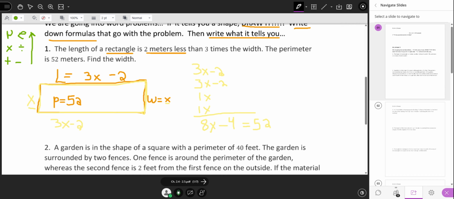So get rid of minus by doing the opposite. So that gives me 8x equals 56.